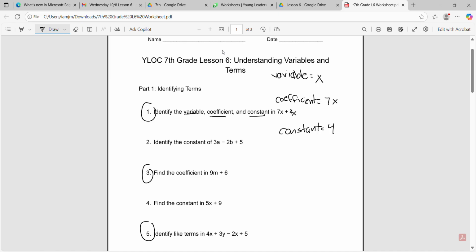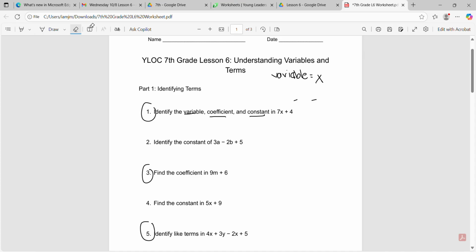There's no variable like x which could change its value. It's 4 throughout the expression. It has a solid value of 4 and it's independent. So now that we know what they are, let's move on to dissecting our expression.